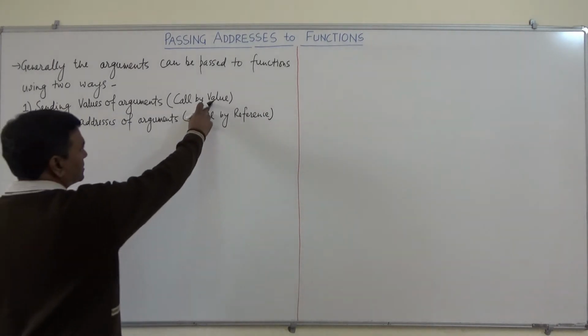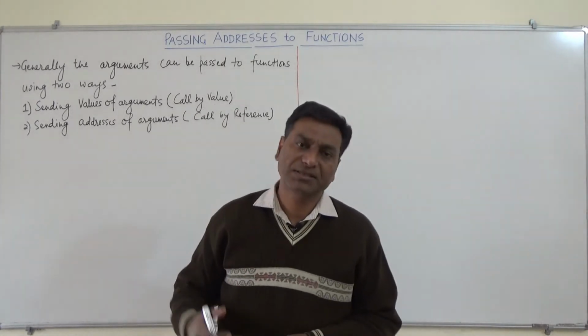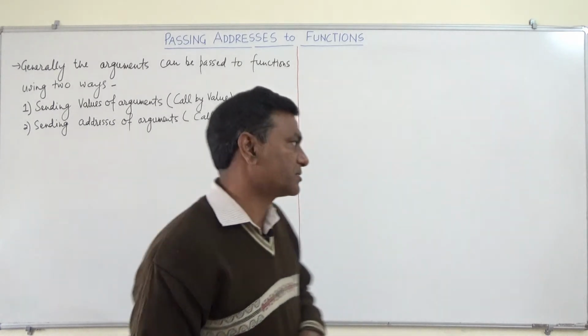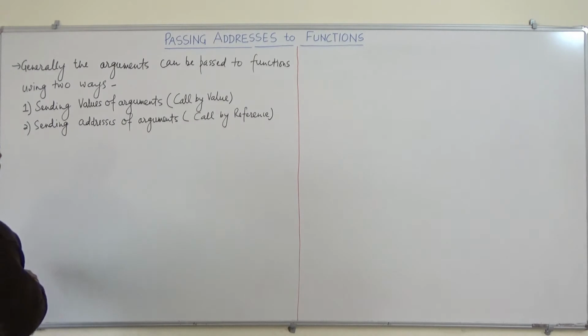So in the first, the values of the arguments are passed to the function, and in the second we pass the addresses to the functions. Now let us see one by one.